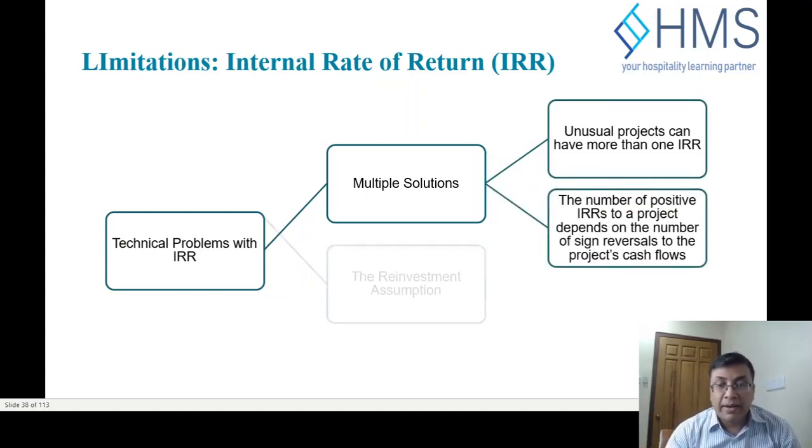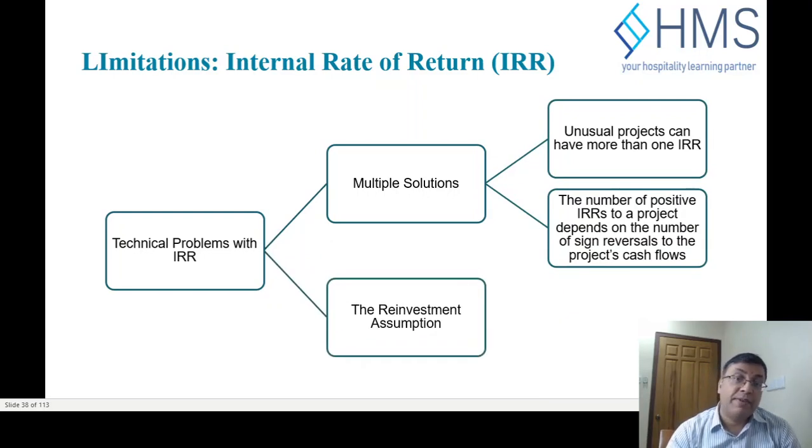Another problem is the reinvestment assumption. The IRR method assumes that whatever cash we are generating, we will be reinvesting at the same interest rate, which sometimes is not possible. The returns may not be reinvested into the project at the same rate, or may not be reinvested into another project at the same IRR rate.